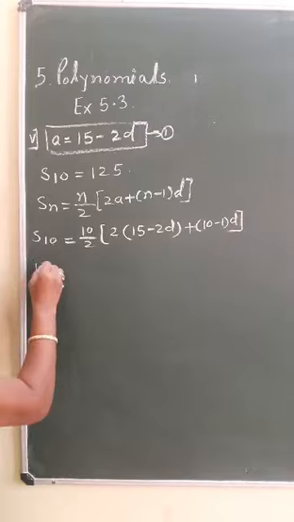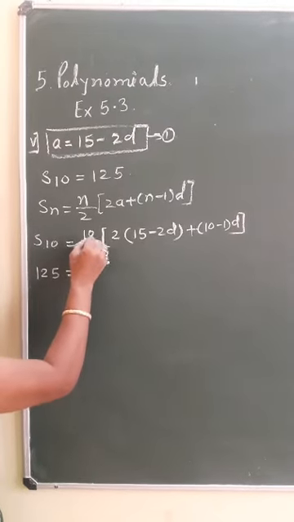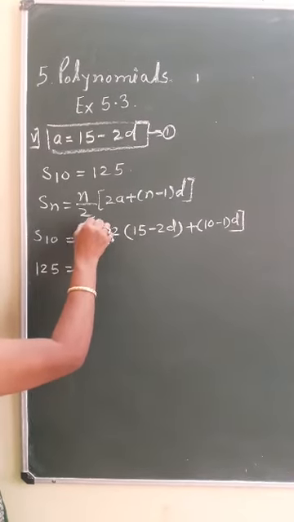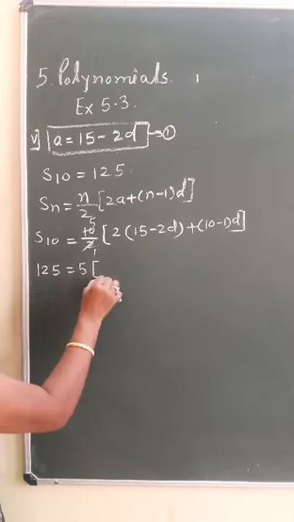S10 we are having, that is 125, which is equal to 2 ones are 2, 5 twos are 10, so here 5 we will get.